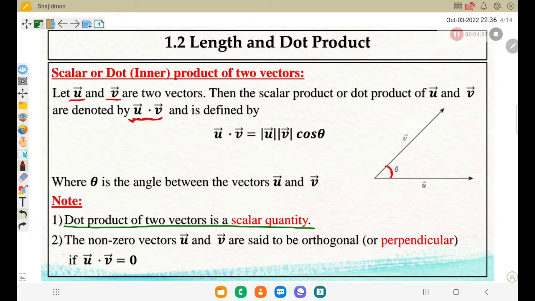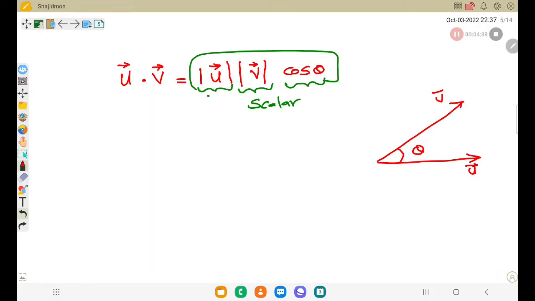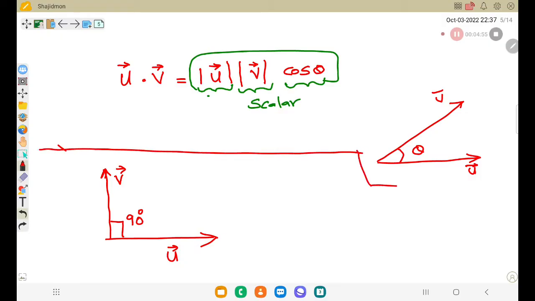Now another important point we need to be careful about. For example, we have one vector u, and we have another vector v here, correct? Now if the angle between the two vectors is 90 degrees, you know 90 degrees means perpendicular, and we call them perpendicular vectors or orthogonal vectors.